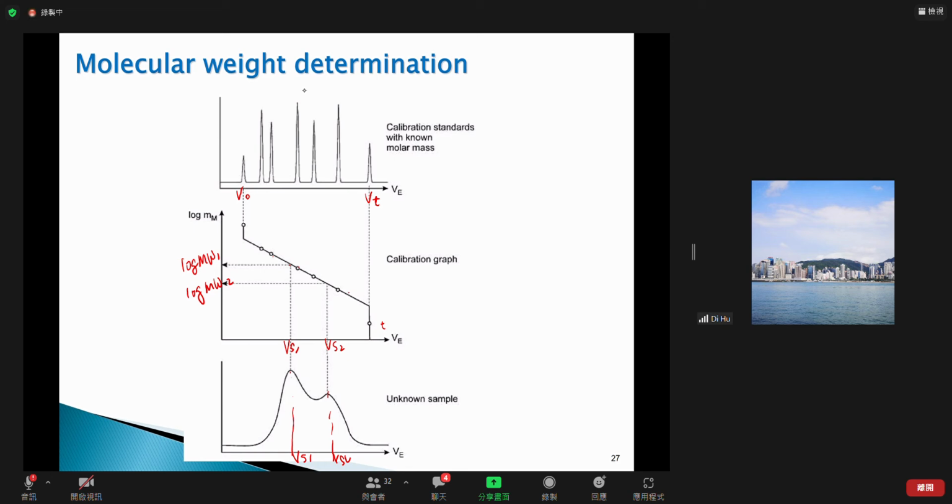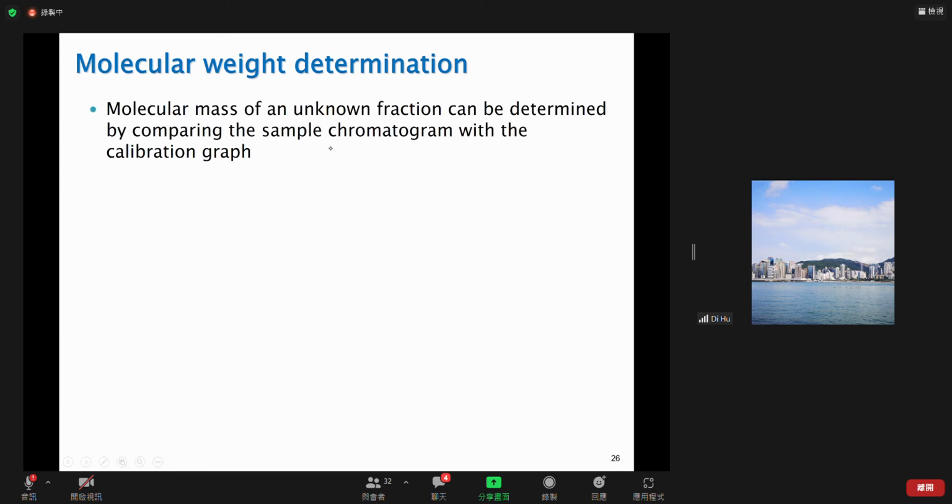Then you check the manufacturer's instructions for the column, so you know which column to pick for this kind of analysis and calibration. So far okay? Now you understand how to do that.